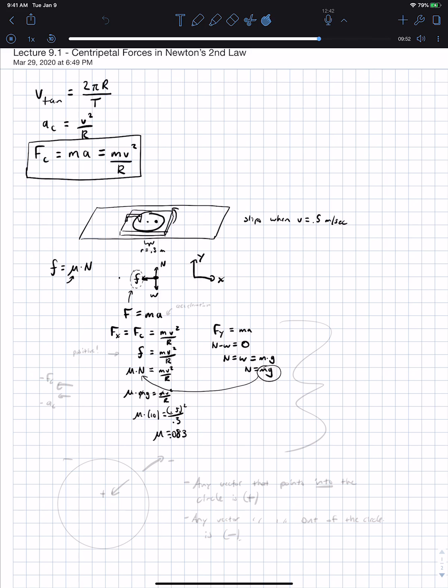Now, what did you notice was the direction for this friction force? We said this was positive, and we also said this acceleration was positive. But we're pointing towards the left. So there are actually two different ways you can look at the directions in circular motion.